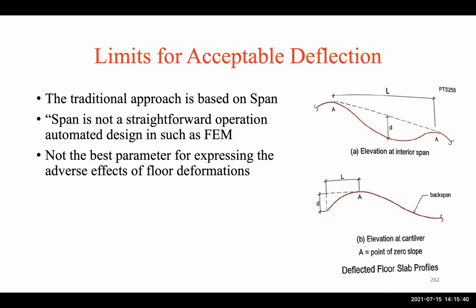As you can see in figure A, we see the L distance, but the datum line is inclined, so we measure from that line. Again, the span is not a straightforward term in the deflection calculations.